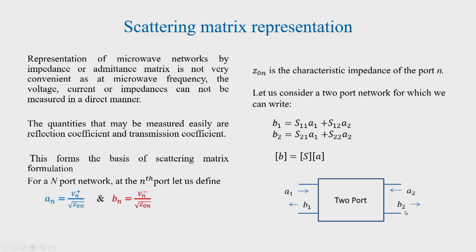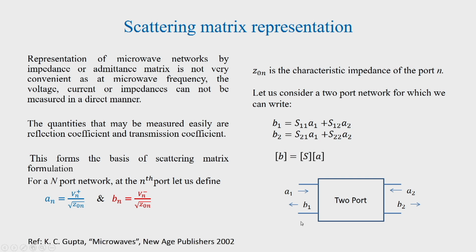Similarly, A 2 and B 2 represent the incident and reflected waves at port 2, and we can write the reflected wave B 1 as S 11 A 1 plus S 12 A 2. Similarly, B 2 is S 21 A 1 plus S 22 A 2, and this can be written in the form of matrix B equals S A. Now, this S matrix is the scattering matrix for this two port network.